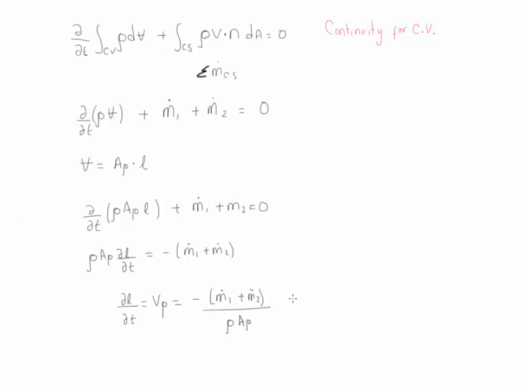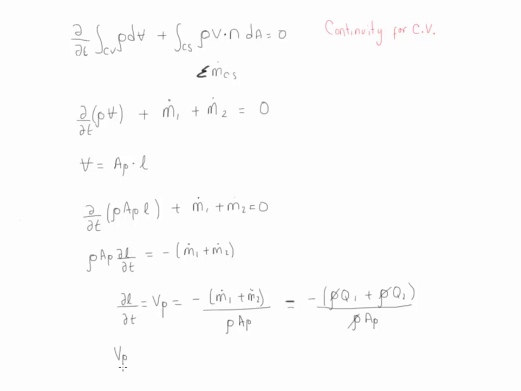If we substitute the values that we know into the mass flow rates, we find that this is going to be minus rho Q1 plus rho Q2 divided by rho AP. Since the density does not change, we can cancel it in all locations.